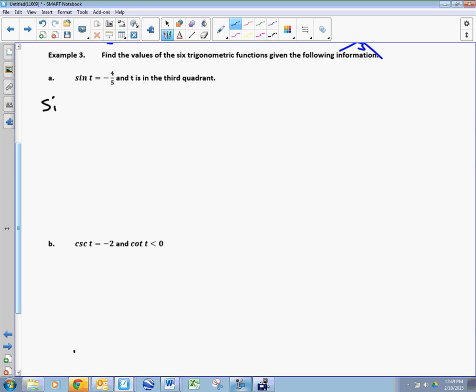Okay, so let's go. It says, find the values of the 6 trigonometric functions given the following information. You know that sine of t is equal to negative 4/5, and you know that the angle t is in the third quadrant. Okay? That's what you know. Here's the deal.